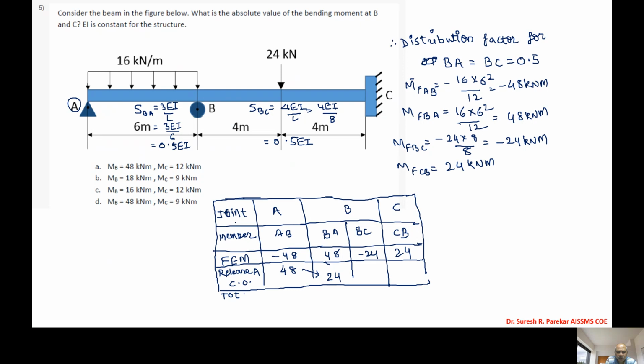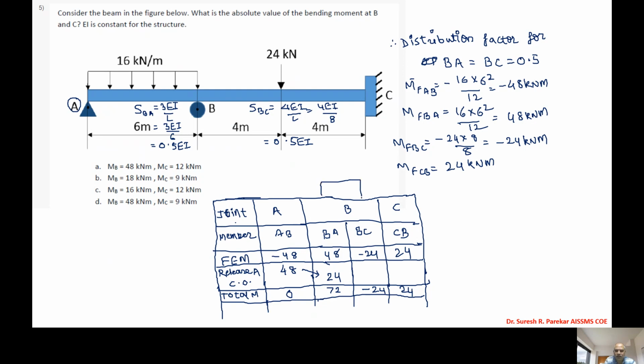The 24 at A becomes 0. This will be 72, minus 24, and this will be 24.